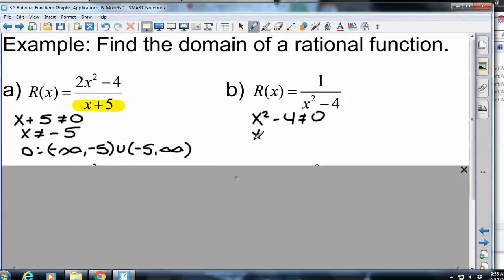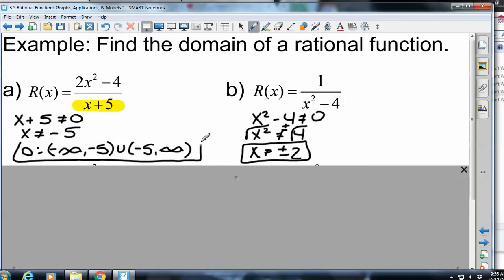You add 4, and if you add the square root, what else do you have to put? So x cannot be plus or minus 2. In the past, if it's more than one value that x can't be, I've allowed you just to list them, so you can continue that. Just tell me x cannot be either of those.